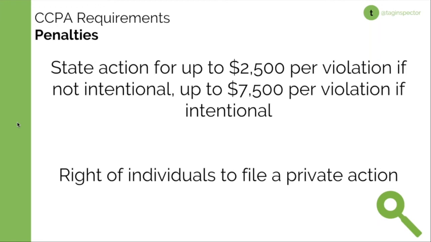Now, for a large organization, a large website with a lot of users and a lot of traffic, even in the case of an unintentional violation, say you have a third party that's piggybacking, loading through another tag that you have implemented on a website and collecting a unique cookie ID, which is personal information under the law. Say it's collected that information for 1,000 users. At that point, you're looking at 1,000 different unique individuals. That's 1,000 different violations. You'd be looking at a $2.5 million action in that scenario.